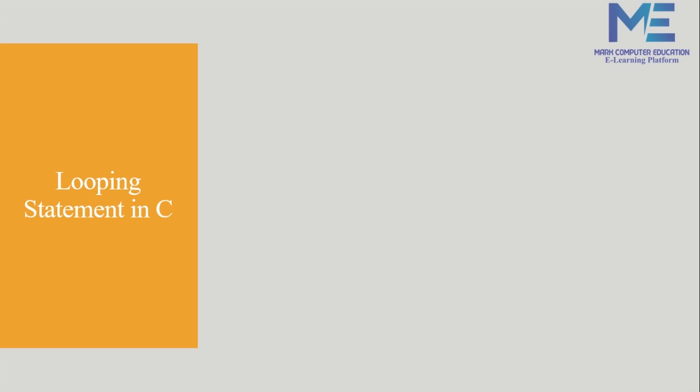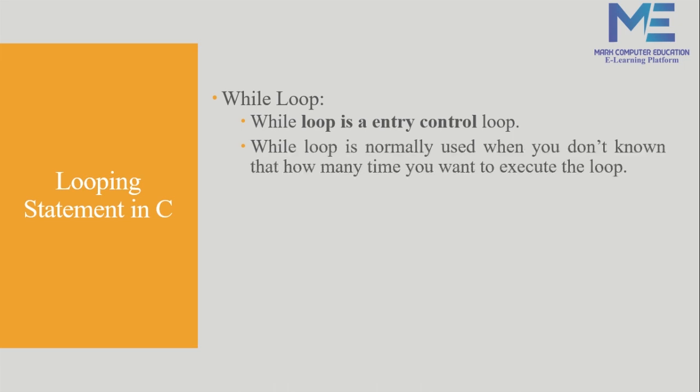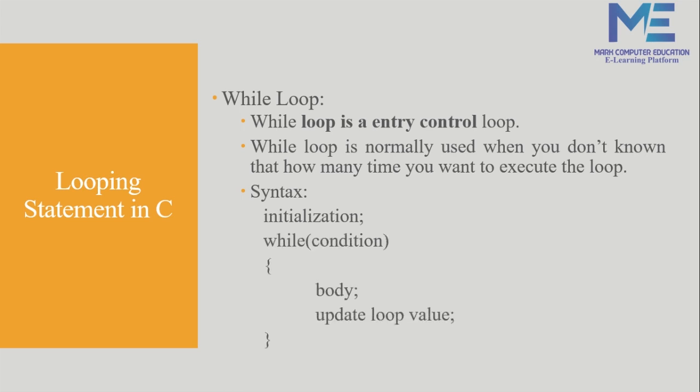Now, what is a while loop? The while loop is an entry control loop. Normally the while loop is used when you don't know how many times you want to execute a loop. At that time you can use a while loop. The syntax of the while loop is: initialize the variable, then use the keyword while.